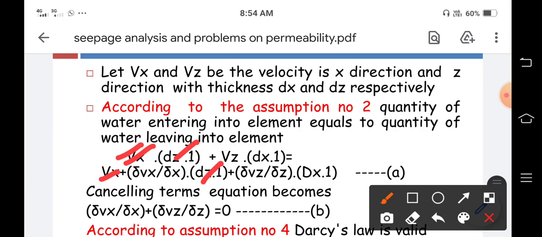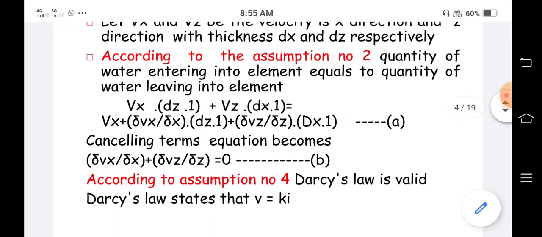Then this delta x gets cancelled, this delta x gets cancelled, okay. And here some phi z is remaining, while writing it is phi z plus delta vz plus delta z. So this term is also cancelled, okay. Cancel all the similar terms while solving. So only the remaining part will be delta vx upon delta x plus delta vz upon delta z equal to 0, okay.